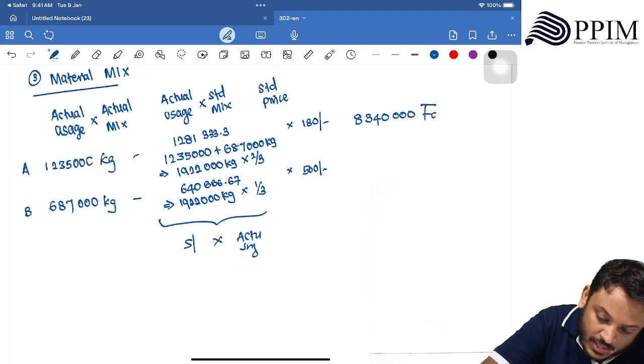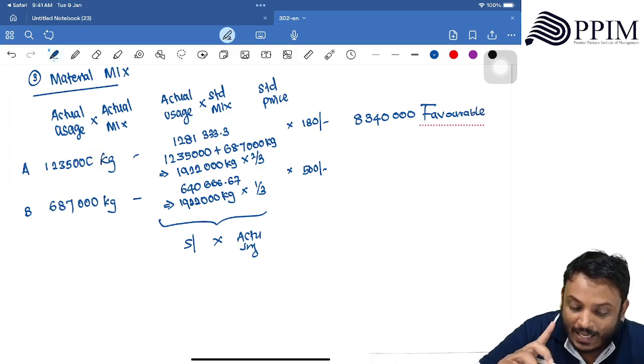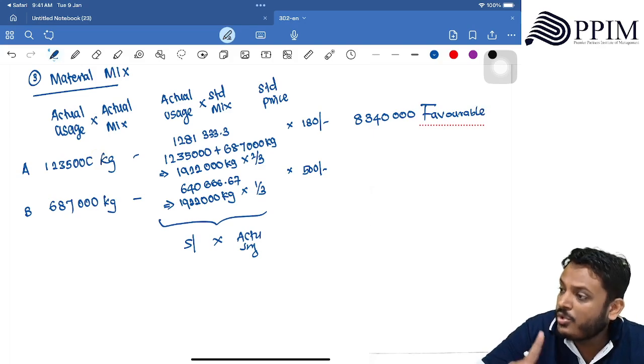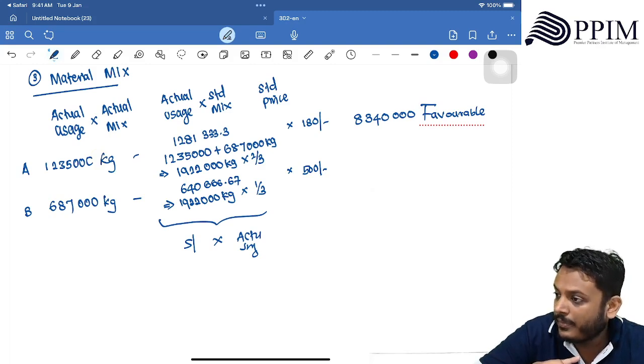This is favorable. The reason I am telling favorable: as per standard we expected to use a mix of 1,281,333 kilograms. Actually we used less than that. It is good for us.